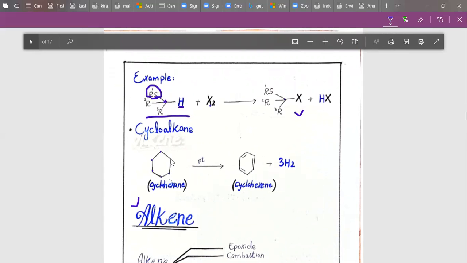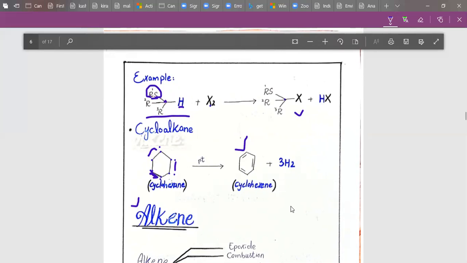When these carbons lose one hydrogen, then radicals are present on all of the carbon atoms. So these radicals join up and form a double bond, and these radicals join and form another double bond, and we get cyclohexene.